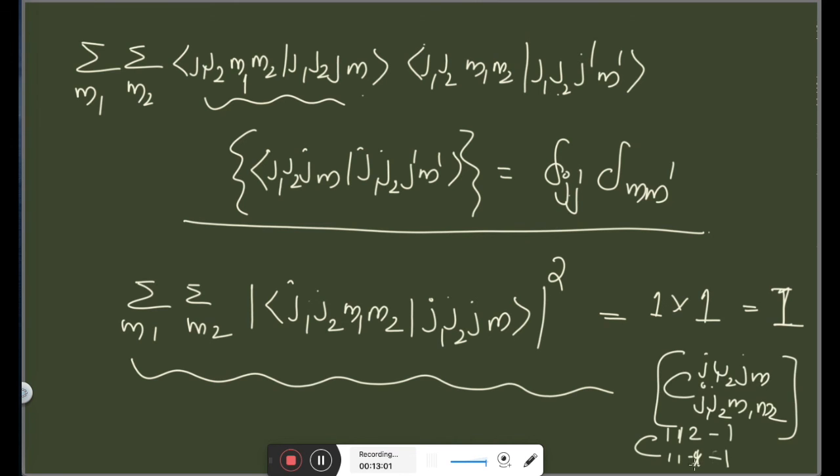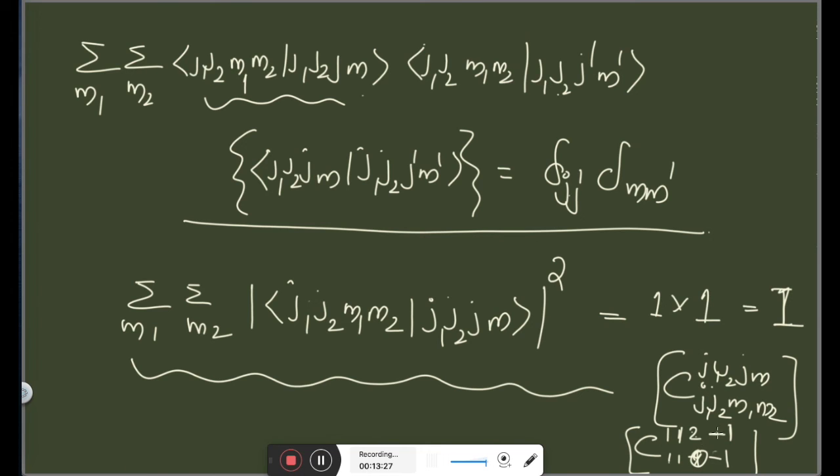So this is not a possible one because this has to be 0, then this is a possible one. So 1, 1, 0, minus 1, 1, 1, 2, minus 1 is a possible representation for a CG coefficient. Otherwise, see, J1 and J2 are 1, 1. J is 2, it's 1 plus 1, and m can have values from -2 to +2, so -1 is possible.